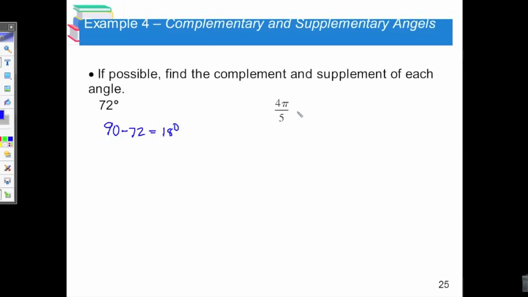And again, if I'm looking for, let's say, the supplement of 4 pi over 5, I'm going to do the exact same idea, supplement meaning I'm going from 180, but what is 180 in terms of radians? Because I'm dealing with radians here. That's pi minus 4 pi over 5.